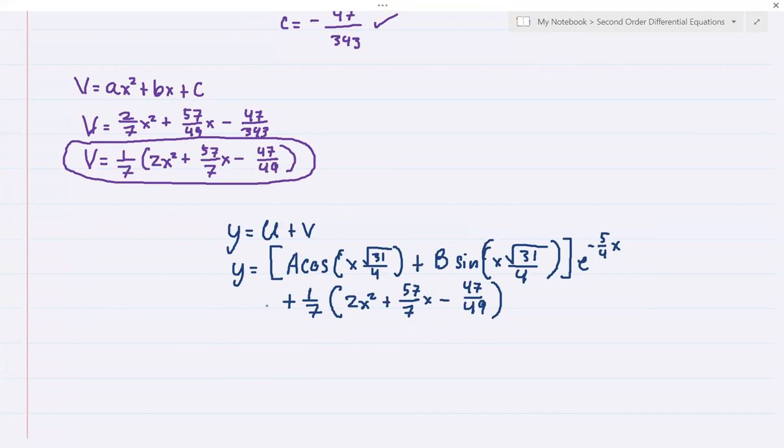So we're going to have a practice exercise from second order homogeneous differential equation until second order non-homogeneous differential equation, polynomial function.